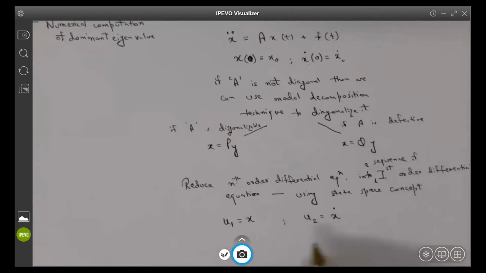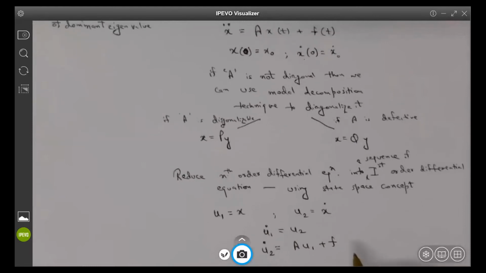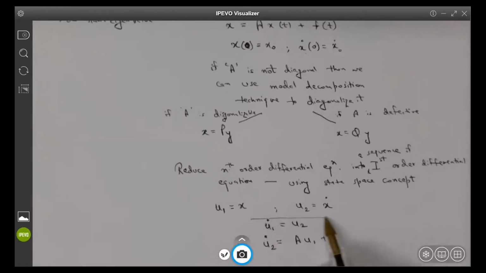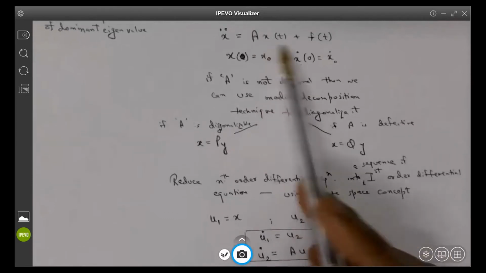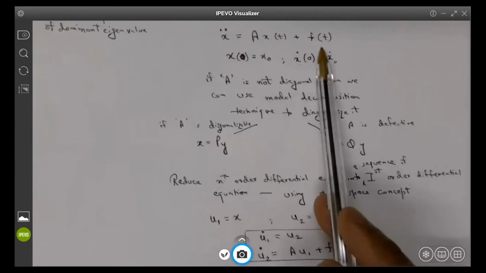One is simply u1 dot equals u2. Another equation is u2 dot equals A u1 plus f. These two equations completely represent the system given by this expression.